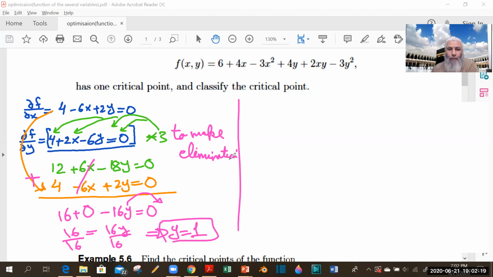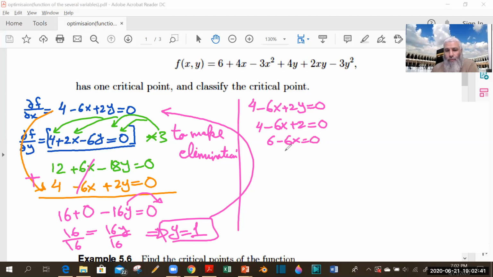Now we will substitute y equals 1 in any equation. Let's say this equation: 4 minus 6x plus 2y equals 0. So 4 minus 6x plus 2 equals 0. 4 plus 2 is 6 minus 6x equals 0.